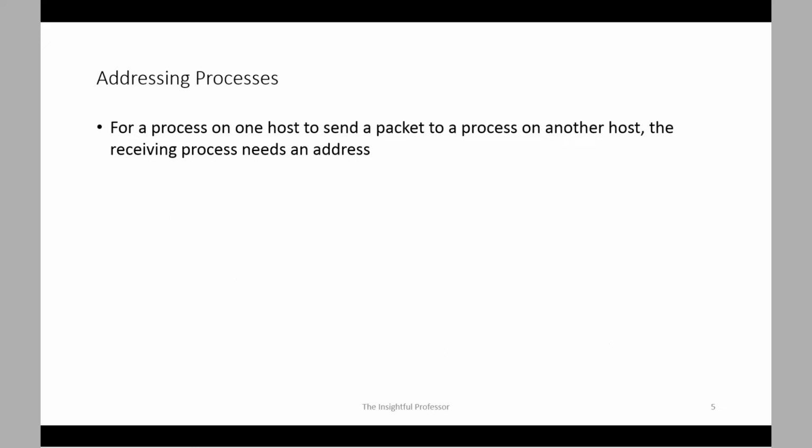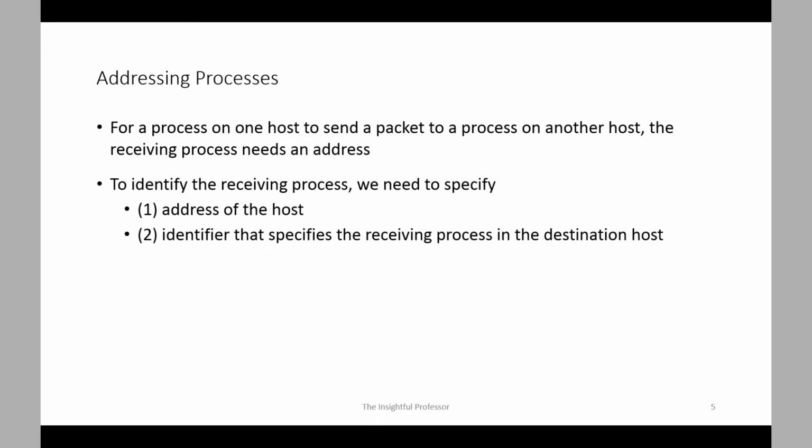When two processes are communicating over the internet, and one process wishes to send a packet to a process running on another host, we have to provide the address of that receiving process.